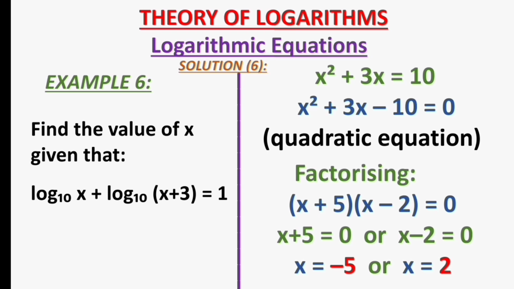Solving these two factors separately as equal to 0, we will have x plus 5 is equal to 0 or x minus 2 is equal to 0. When we make x the subject of both equations, we have our final answers, which are x is equal to minus 5 or x is equal to 2. I hope you got that right.